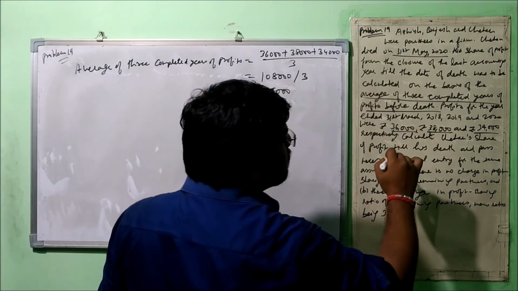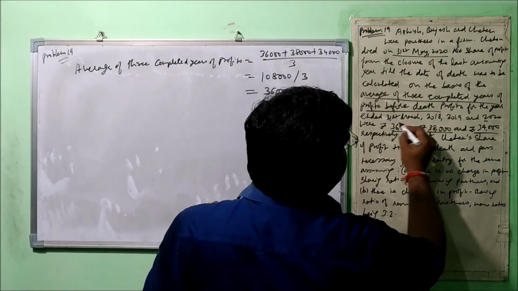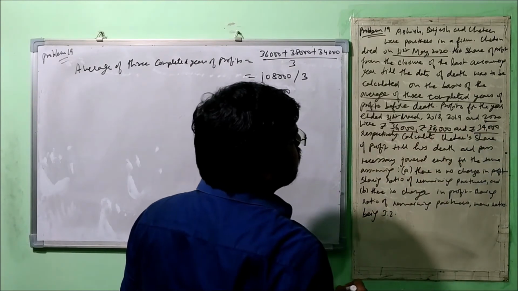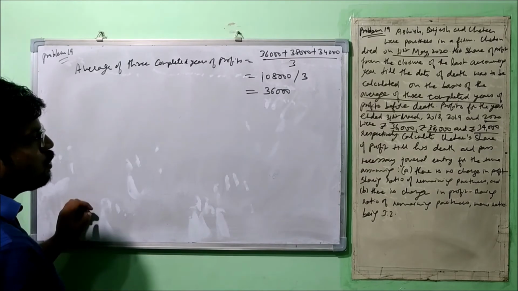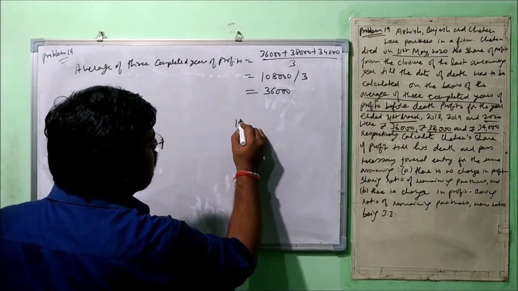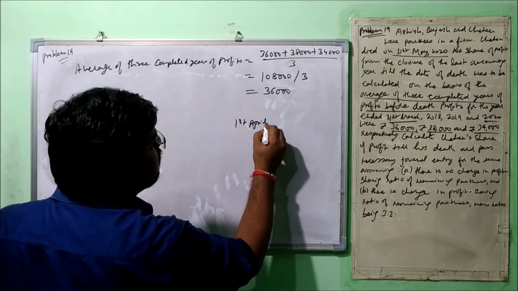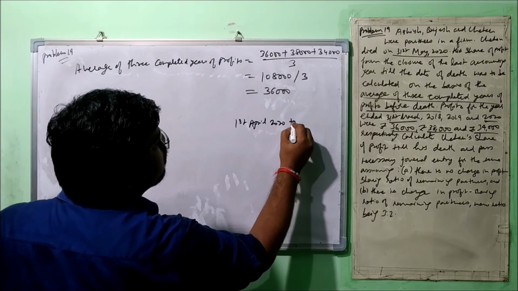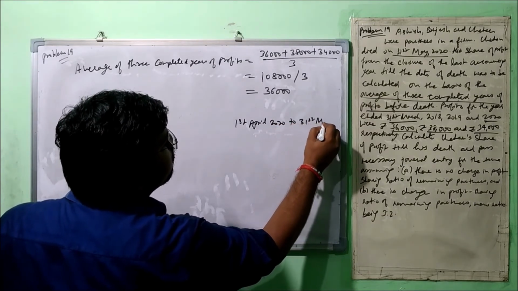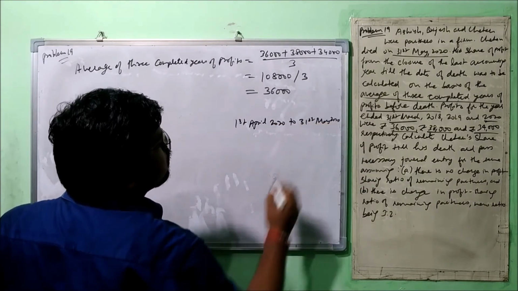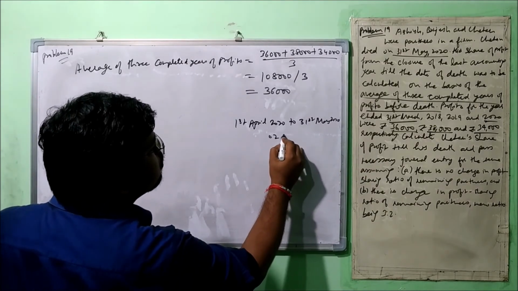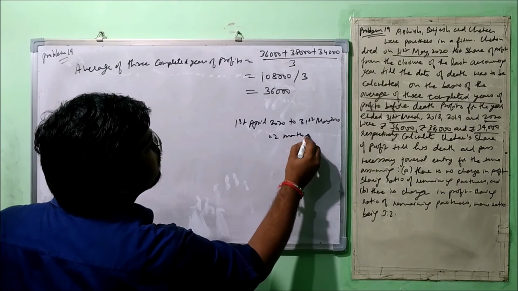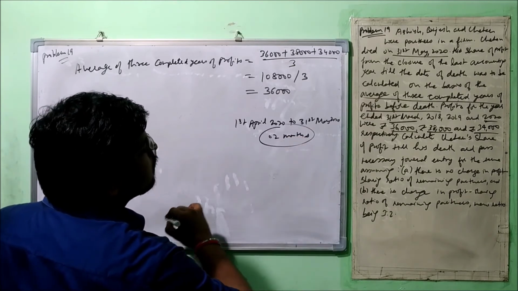As we did the last accounting on 31st March 2020, and he died on 31st May 2020, so we'll have to calculate the time period from 1st April 2020 to 31st May 2020. How many months? April, May. Means 2 months. Right?